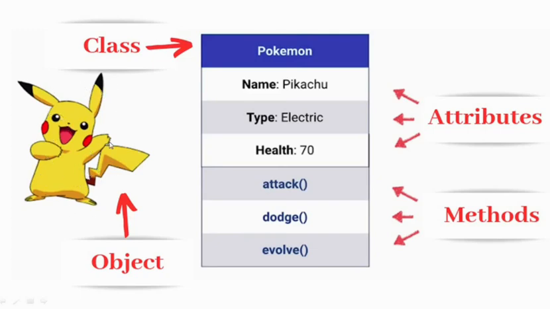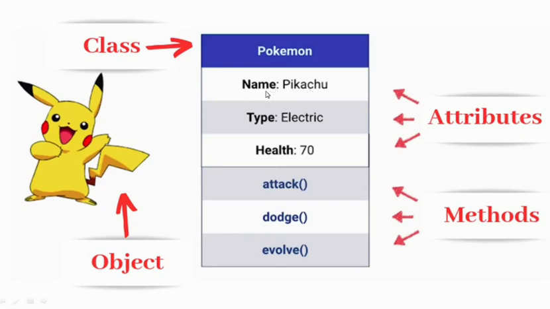So this Pokemon Pikachu belongs to this class Pokemon, or is an example of this class Pokemon. Now this name is an attribute of this object. So this Pikachu is an object which belongs to this class. The name, type, and health, these three things are the attributes of this object Pikachu.